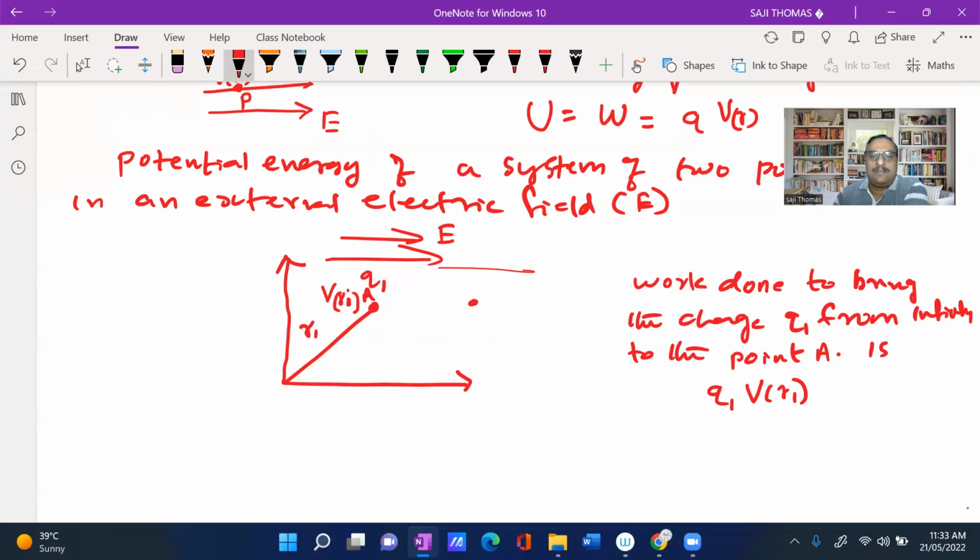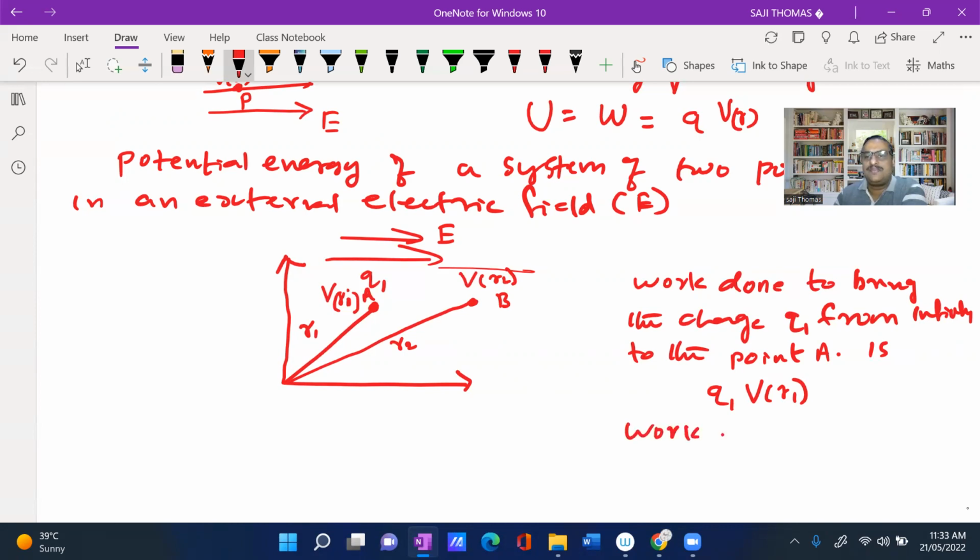Similarly, I am bringing a charge Q2 from infinity to this point B. The position vector of point B is R2. So here the potential due to the external field is V(R2). R2 is within the bracket because the potential depends on position only. So what will be the work done? The same equation we can use.